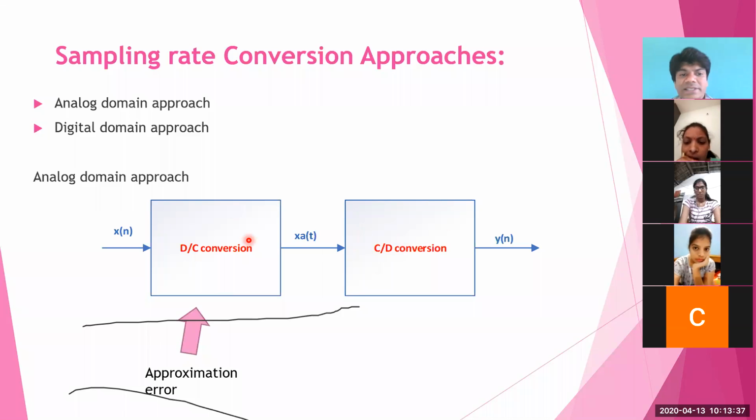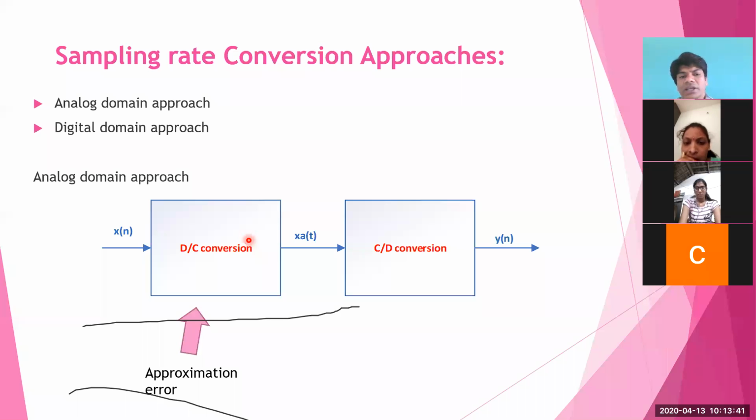But there are a couple of disadvantages. This D to A conversion and A to D conversion will introduce some errors. The first error is that whenever you convert a digital signal into an analog signal, that will introduce an error called approximation error. And similarly, when an analog signal gets converted into a digital signal, that process can introduce something called quantization errors.